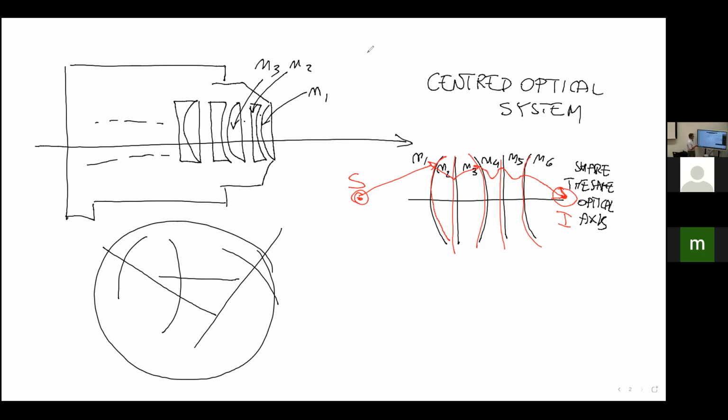Now, this is not completely true in the application, because if you open the data sheet of a microscope objective, you will discover that many of these lenses are not spherical. They are aspheric. And this is done because you want to compensate the aberrations that come out when you operate at very large angles.